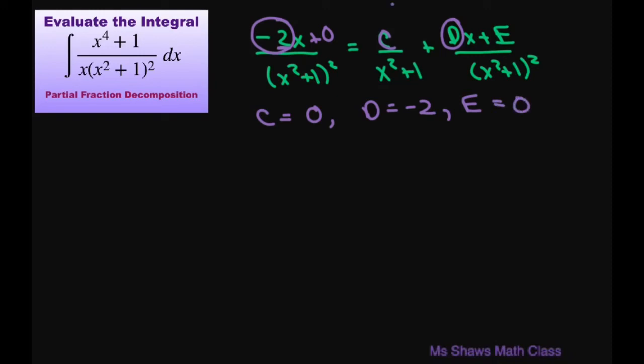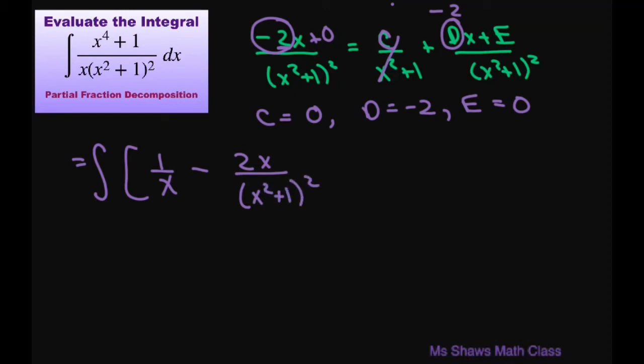Therefore, what we're going to be left with, if C is 0, this just goes away. Our D is -2. So basically, we can write our integral now as the integral of 1 divided by x minus, and with all these zeros, all you're left with is 2x divided by (x^2 + 1)^2 dx.